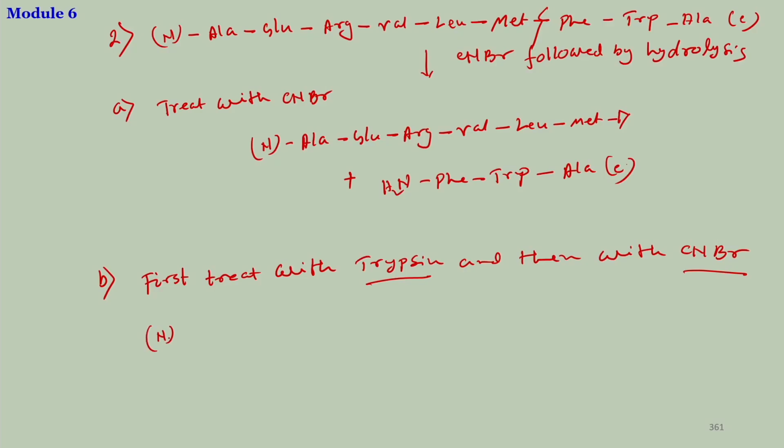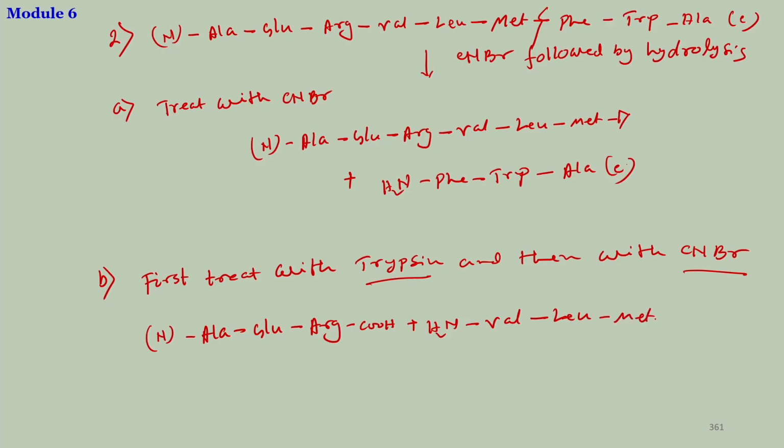So, if you treat it with trypsin, what you will have? You will have a cleavage after arginine. You will have only arginine here. So, let us write that: alanine, glutamic acid, arginine COOH plus NH2 valine, leucine.